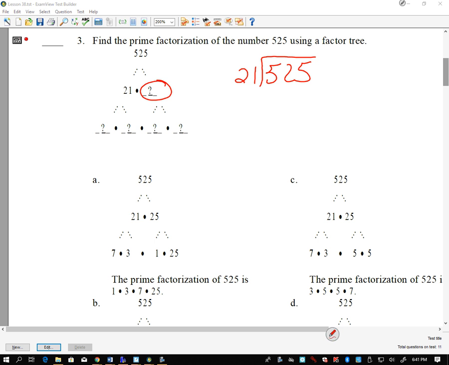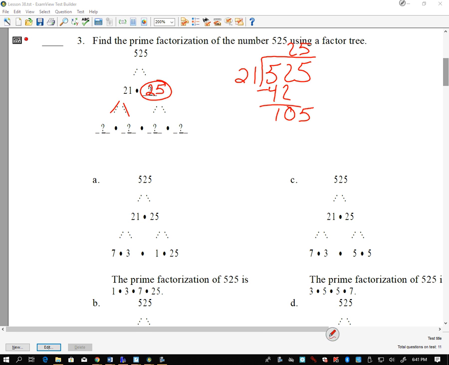So 525 divided by 21 is 25. 21 times 2 is 42. That left me with nothing there, it's just 10, which left me with 105, and there's where my 5 came from. So this should be 25, okay?